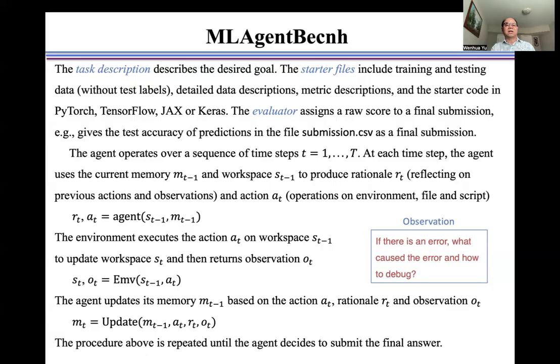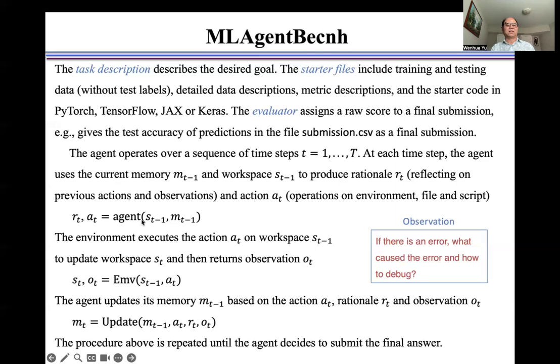The agent operates over a sequence of time steps from 1 to capital T. At each time step, the agent uses the current memory M_{t-1} and workspace S_{t-1} to produce rationale R_t and action A_t.